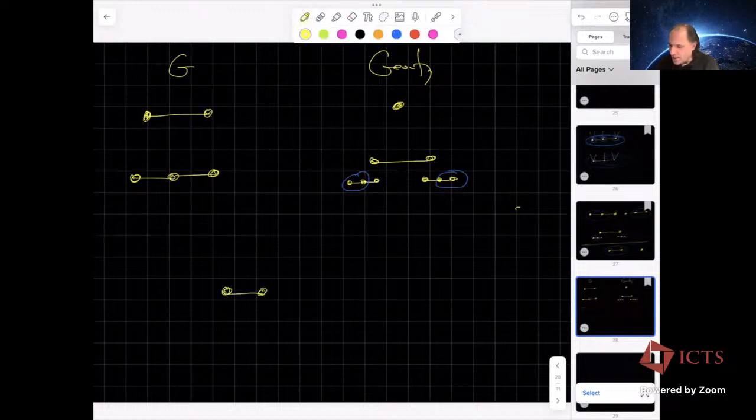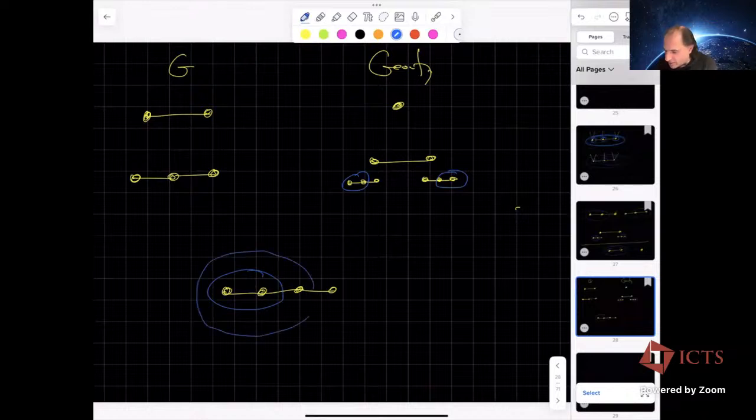Well, I can have this tube. I can have this tube, but see, this tube is compatible with, it can occur with this one. It can also occur with this one.